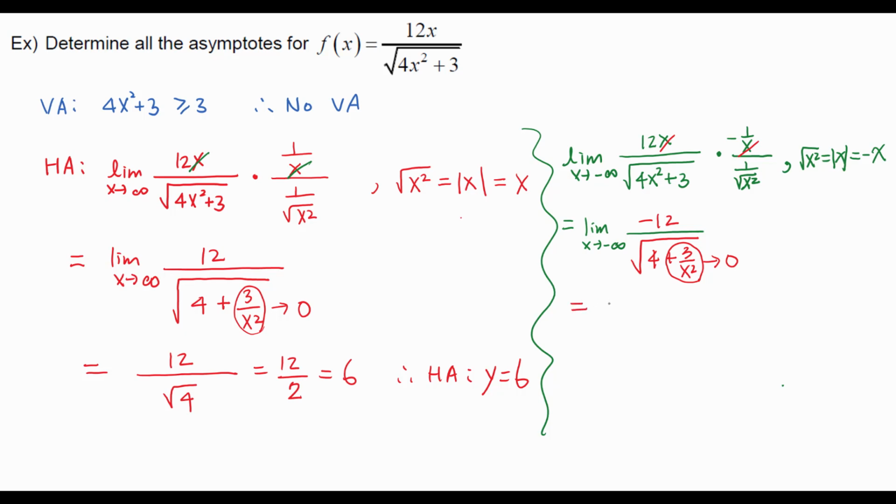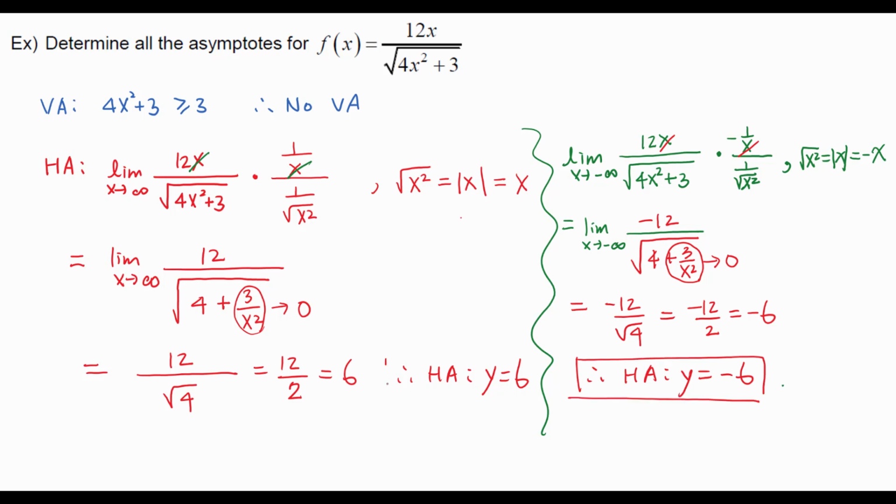I get negative 12 over the square root of 4 as my limit, which is negative 12 over 2, which is negative 6. So again, I get another horizontal asymptote, which is y equals negative 6. So like we said, we get two horizontal asymptotes, y equals 6 and y equals negative 6.